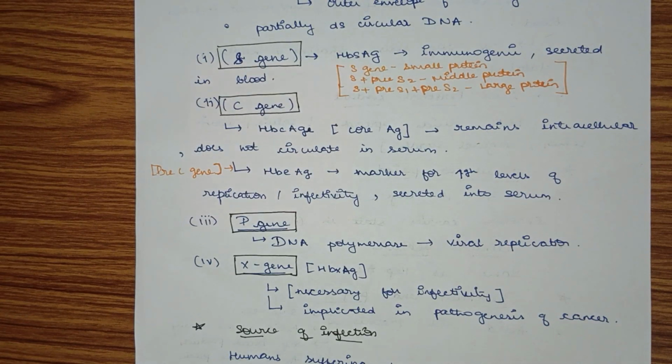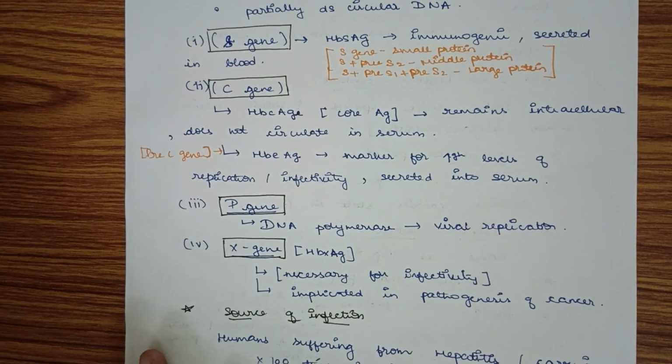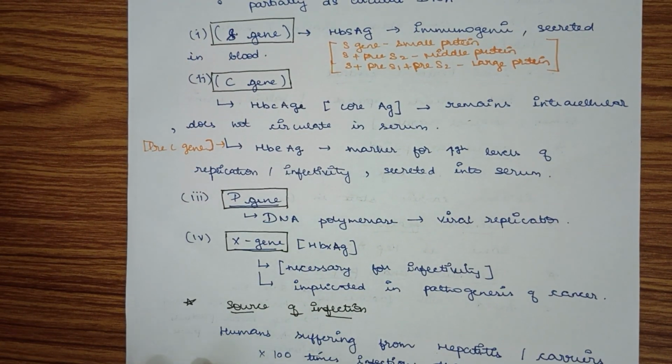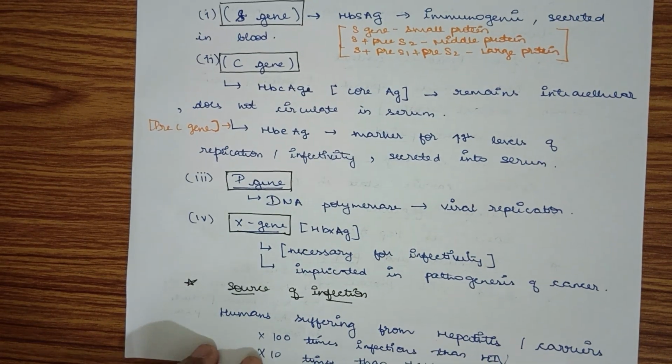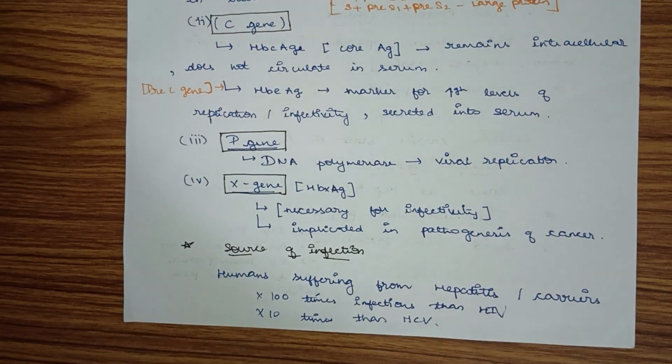HBcAg is the core antigen, which remains intracellular and does not circulate in the serum. Whereas HBeAg is a marker for high levels of replication and infectivity, and it is secreted into the serum. The P gene forms the DNA polymerase, which is helpful for viral replication. The X gene is necessary for infectivity, and it is also implicated in the pathogenesis of cancer.